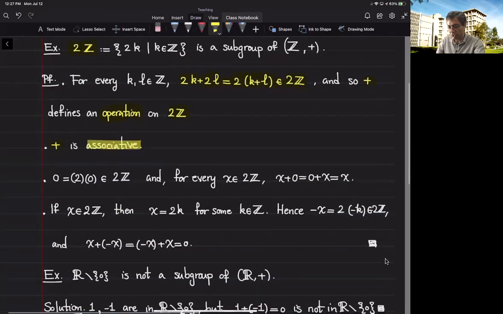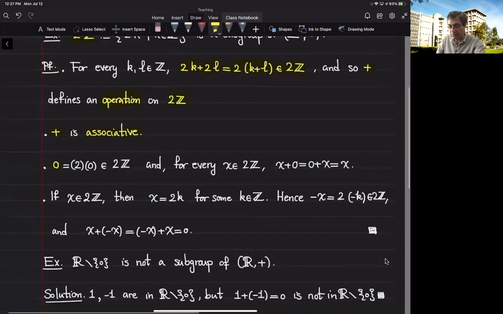Plus is associative. 0, which is 2 times 0, is an even number. It is inside the set of even numbers, multiples of 2. For every even number, x plus 0 is the same as 0 plus x, and it is x. So we do have a neutral element with respect to addition inside the set of even numbers.